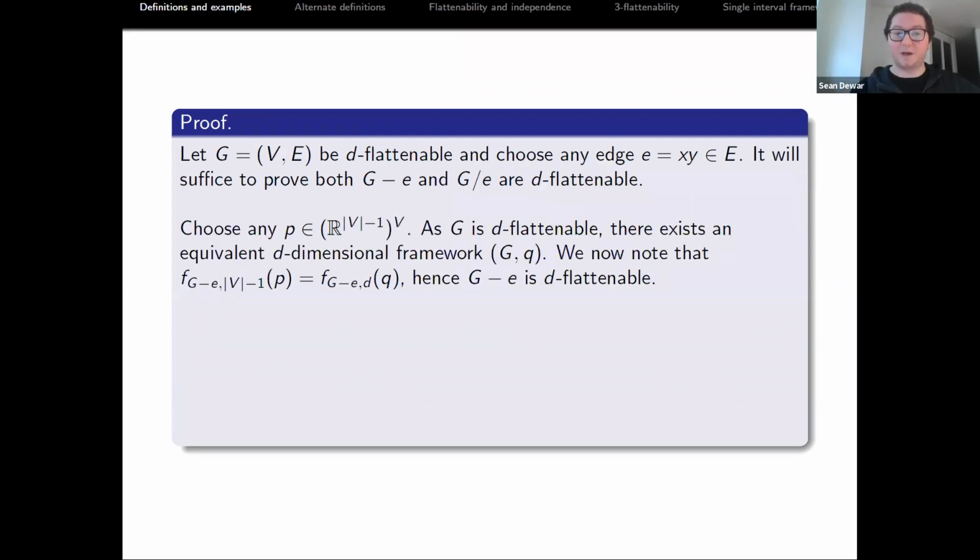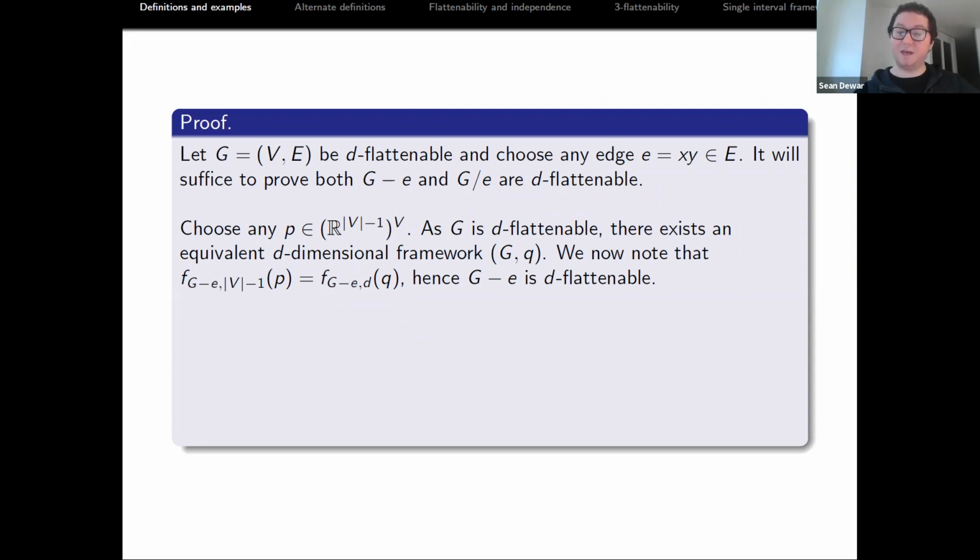So the first job is we pick some realization. I've just picked it in dimension v-1, because that's as big as it possibly can get. That's as much as it can span, so we might as well think of it there. I could have put anything, to be honest. So we have some realization.